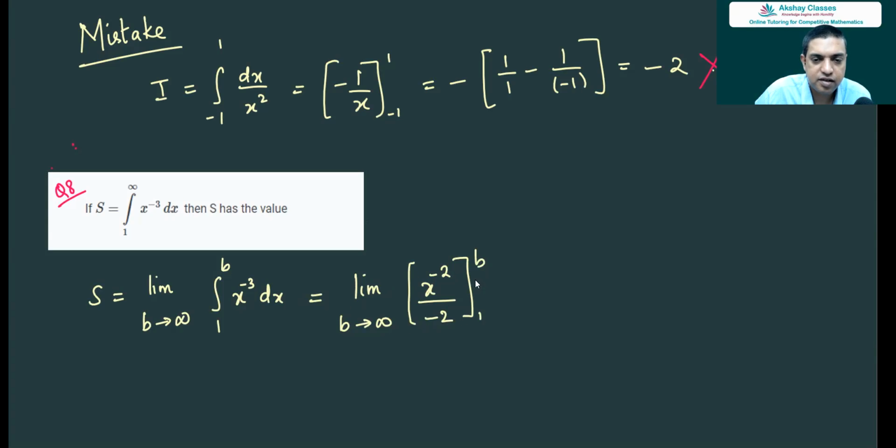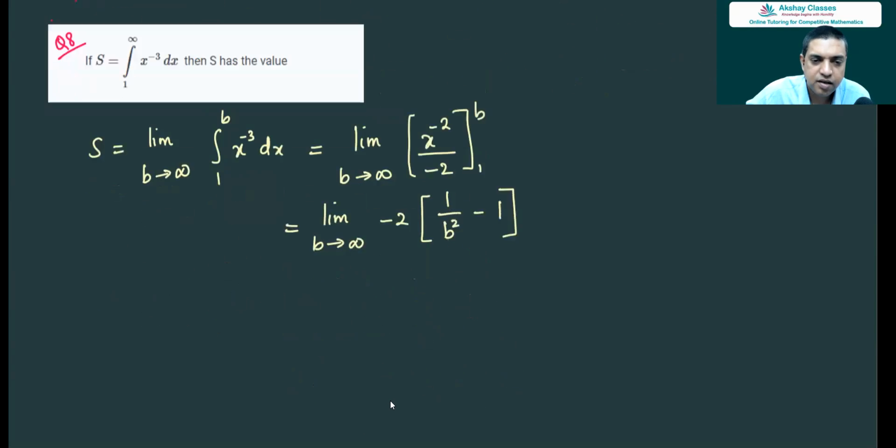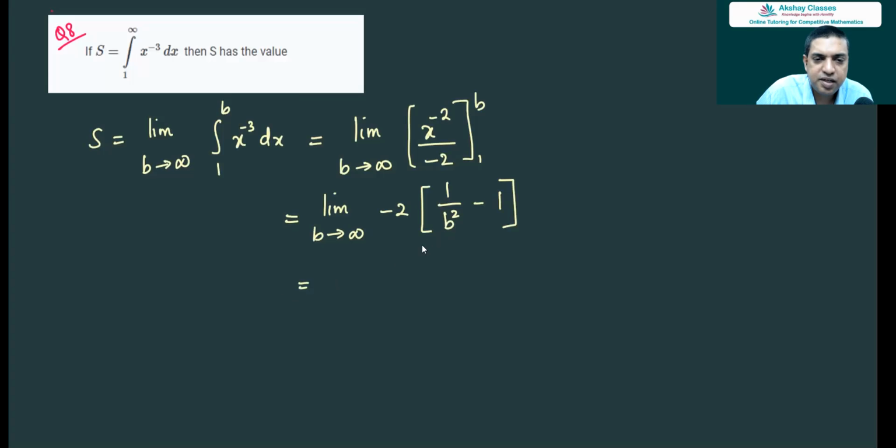Applying the limits of integration, limit b tending to infinity, take minus 2 outside, we get 1 upon b square minus 1 upon 1 square, that is 1. So as b tends to infinity, 1 upon b square goes to 0, and this is a constant. So minus 2 times minus 1 is plus 2.